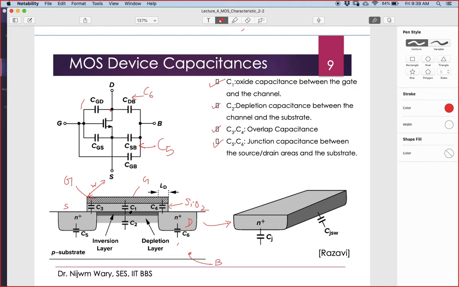Depending upon whether it's in the saturation region or in the triode or linear region, this capacitance will be divided into gate-drain and gate-source. And this overlap capacitance is always there, which depends on the W, because this overlap is fixed, so it is also defined as capacitance per unit length.